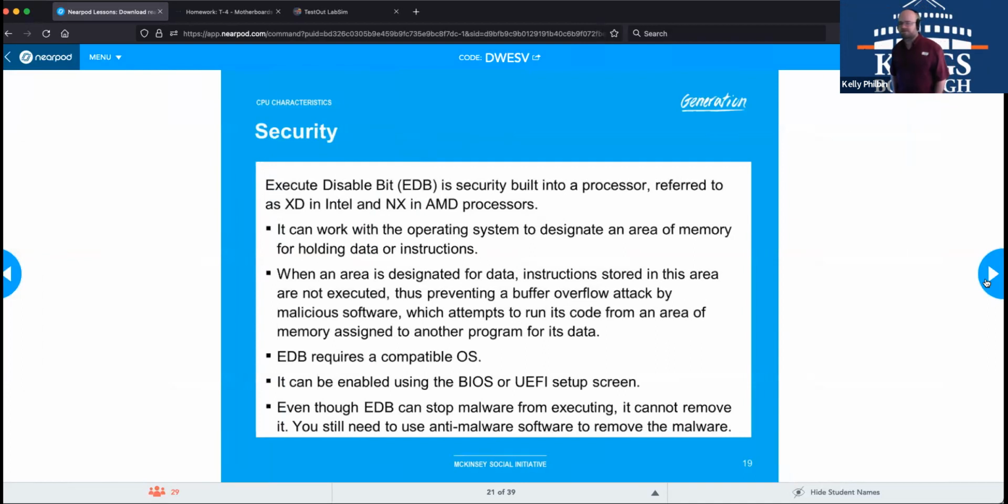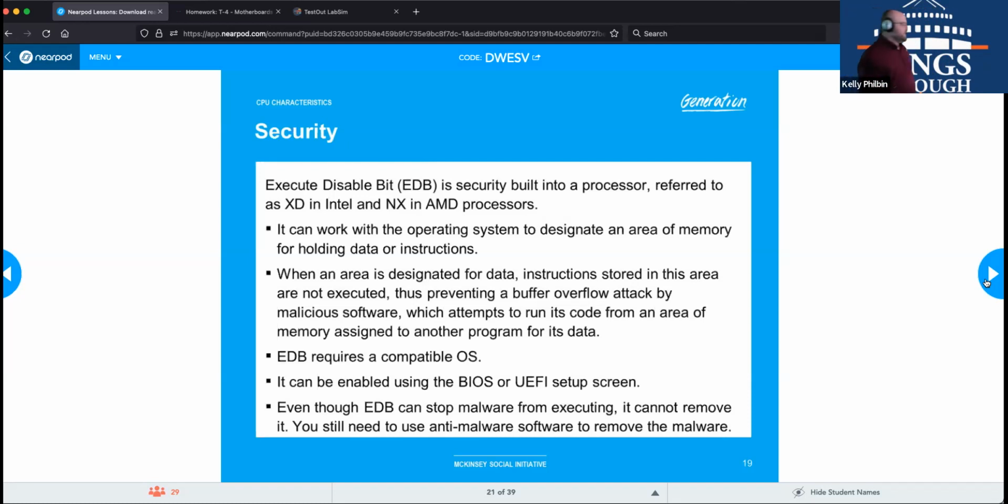Security with regards to CPUs. Some of them have what is called an EDB, or execute disable bit. That is security that is built into the processor, which is referred to as XD in Intel and NX in AMD.